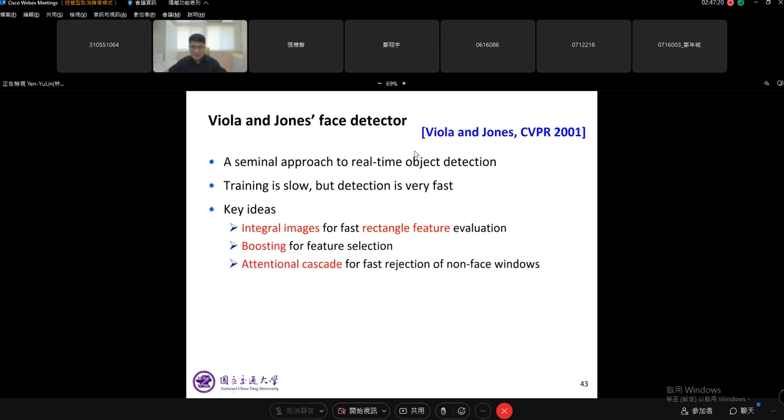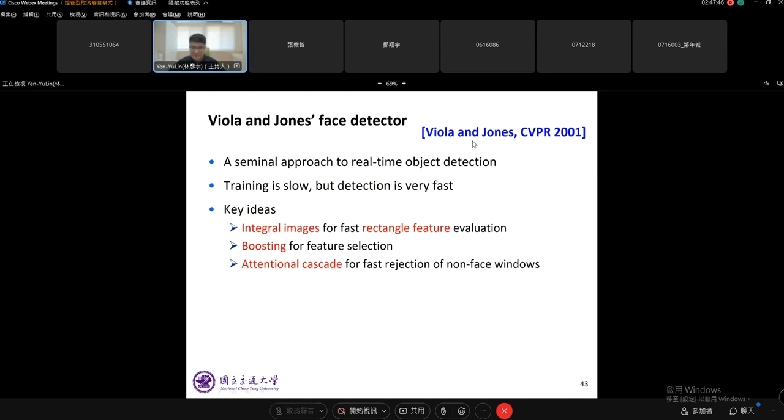What I want to introduce is the Viola and Jones paper published in CVPR 2001. So this is a seminal approach to real-time object detection. Before this algorithm, face detection was time-consuming. It could not support real-time detection.